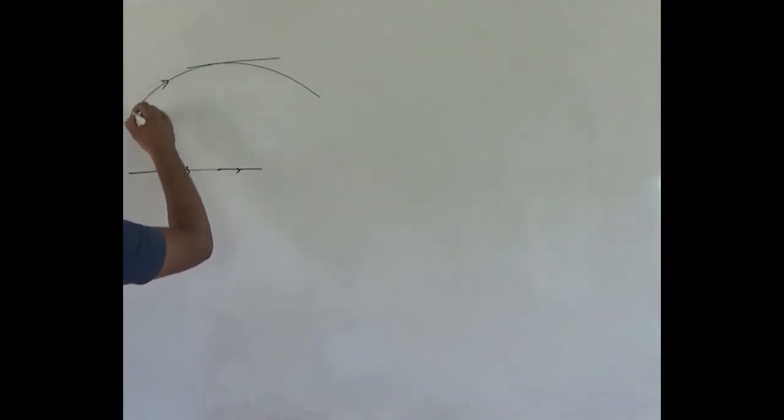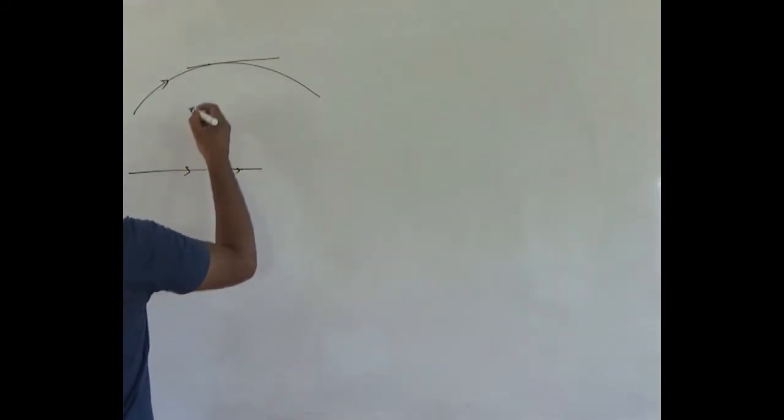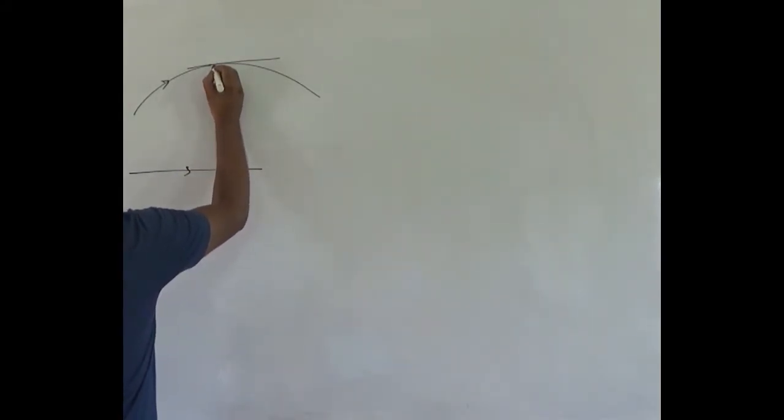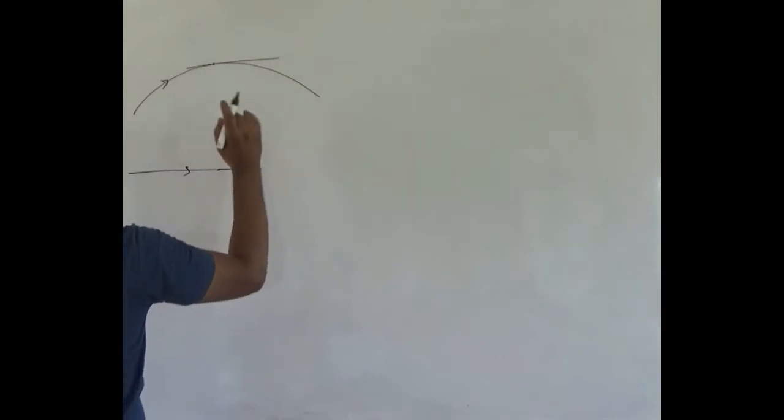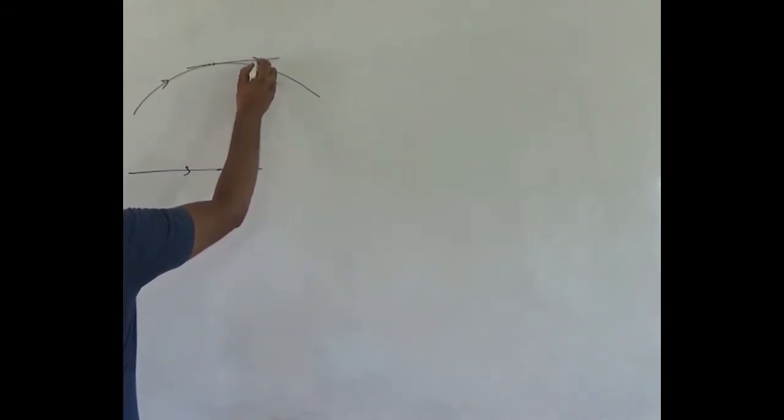If we draw a tangent at this point to this field line, then this tangent gives the direction of electric field intensity at this point due to the electric field.